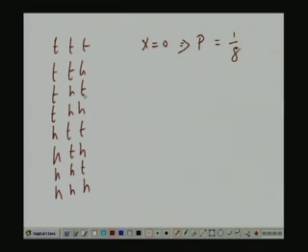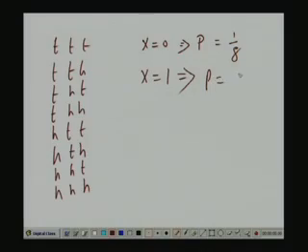So, again 1 by 8 here, 1 by 8 here, and 1 by 8 here, okay, here, here and here. So, that means X takes the value 1 with probability what? 1 by 8 plus 1 by 8 plus 1 by 8, because these combinations are mutually exclusive. So, probability is 3 by 8.